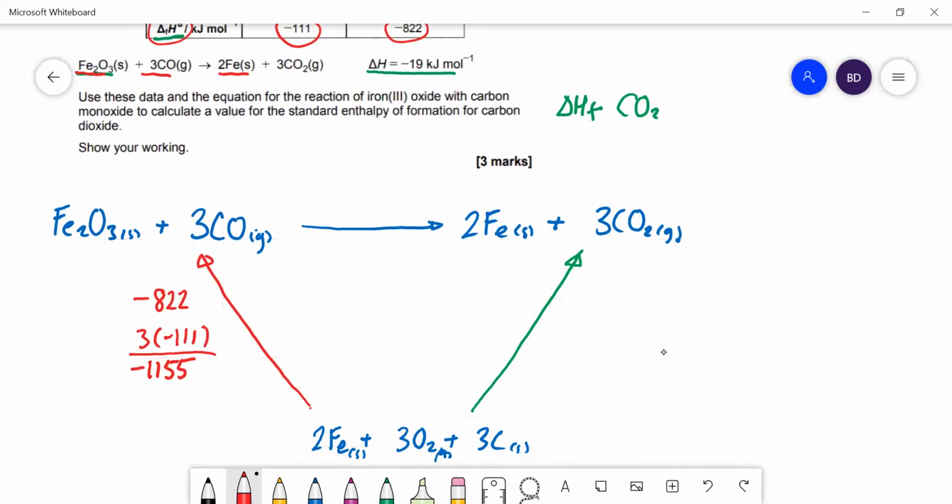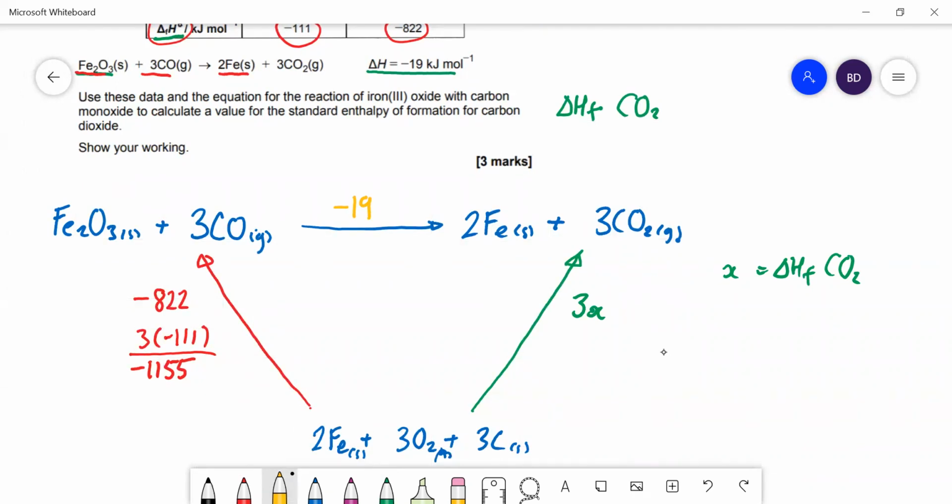Let's do the green arrow. What we're doing there, we are forming the iron, obviously that's going to be 0, and 3 moles of carbon dioxide. Let's call that 3x. So let's say x is equal to the delta HF for carbon dioxide. Right. And they tell us that this change here is -19 kilojoules per mole.